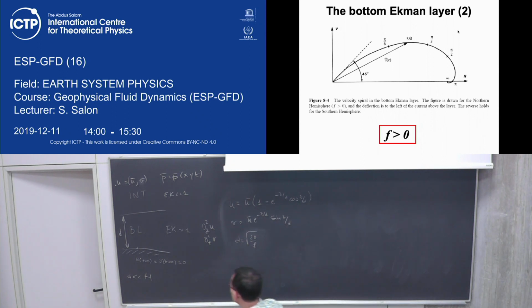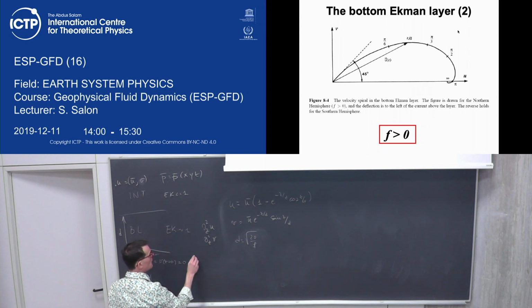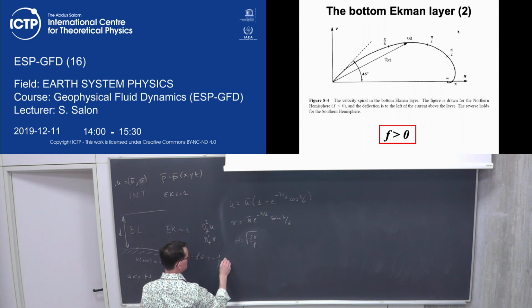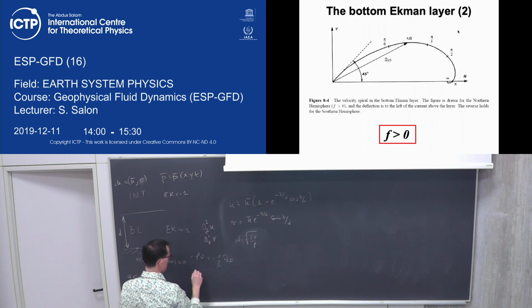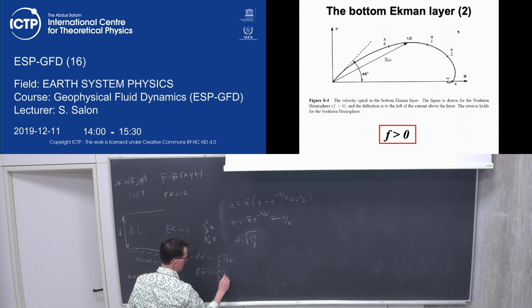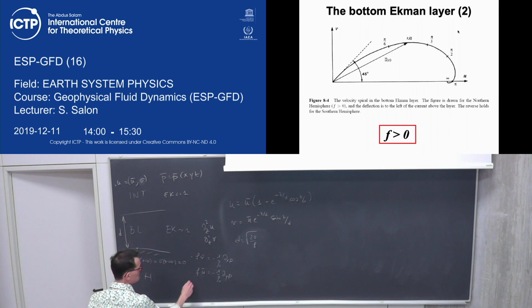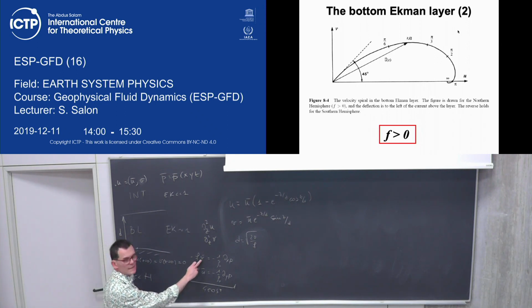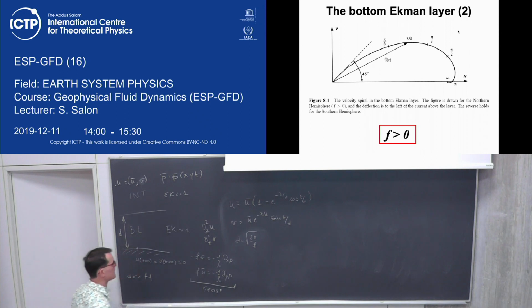So the equations are the same. We will again have minus Fv equal to minus 1 over rho 0 dxP, and Fu bar equal to minus 1 over rho 0 dyP. So this is the geostrophic solution. You remember before we had this equal to 0? Now we just keep it.